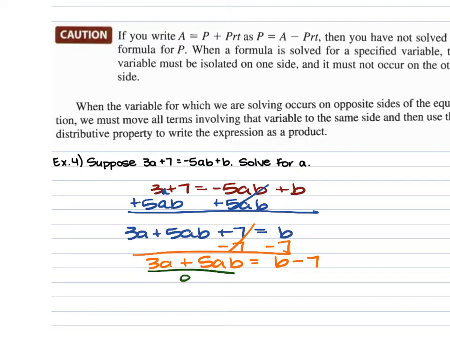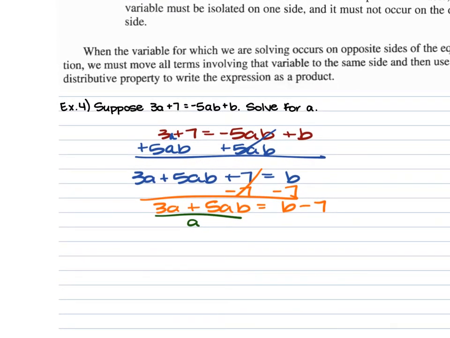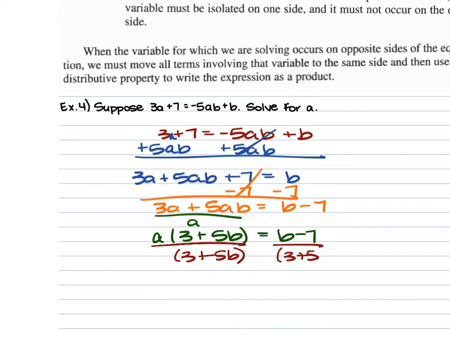I'm going to factor out that a from the 3a and the 5ab. So it's going to be a times (3 plus 5b) is equal to b minus 7. I'm then going to divide each side by that 3 plus 5b. Those will cancel, so a is equal to (b minus 7) over (3 plus 5b).